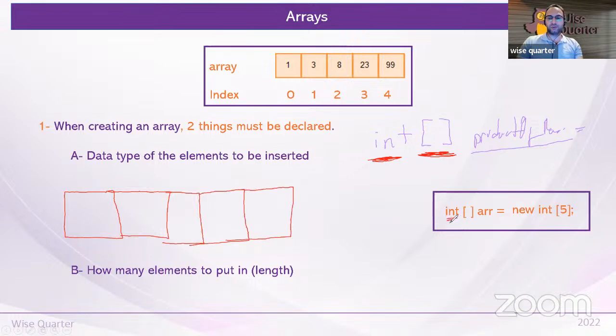We have created it for integers, and when we create it like this, here we are telling computer, hey, this array will have 5 places to store numbers. Don't forget that after creating the array, you cannot change the length. You can change the numbers in it, but you cannot add another box. It is impossible.